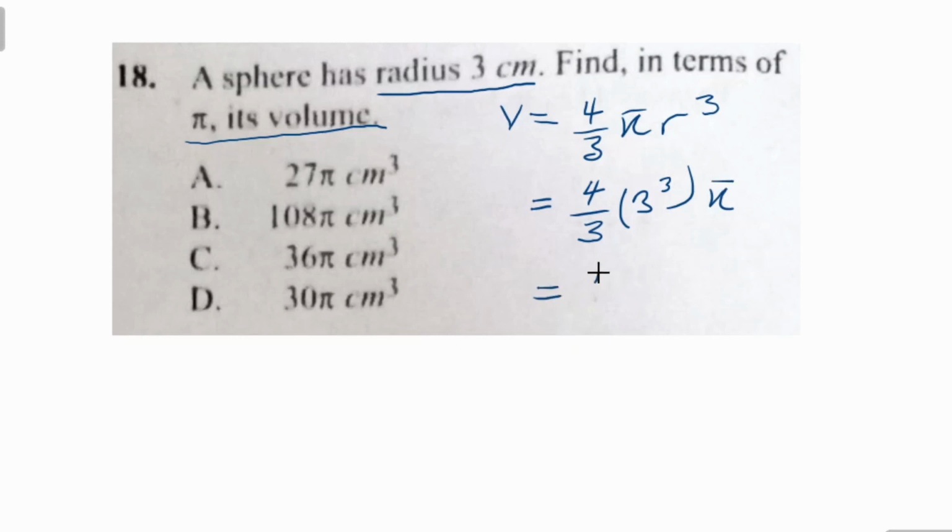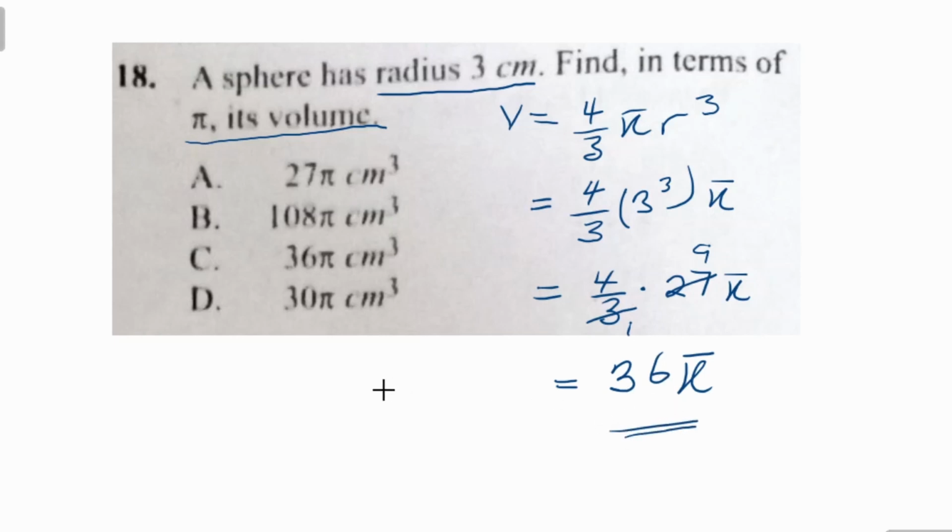This will be 4/3 multiplying 3 cubed, which is 27, then pi, and 3 goes here, 1 goes here, 9, and 4 times 9 is 36. So remember, the question said we should leave our answer in terms of pi, so our answer is 36 pi, and that is option C.